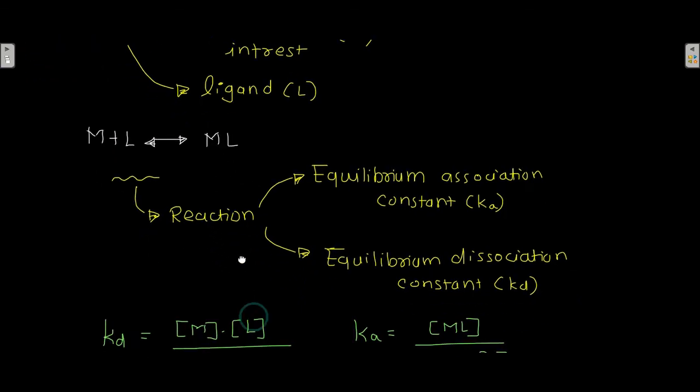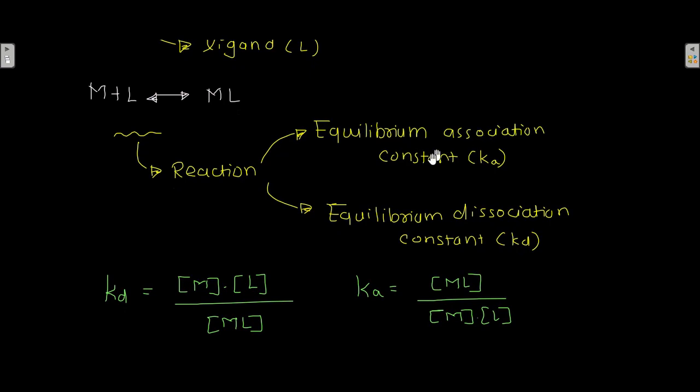Kd is equal to the concentration of the molecule times the concentration of ligand divided by the concentration of their complex, and Ka is equal to the concentration of the complex of the molecule and ligand divided by the concentration of the molecule times the concentration of ligand.